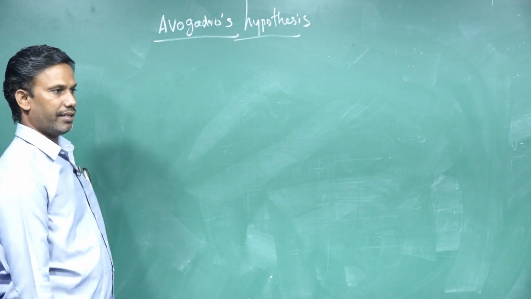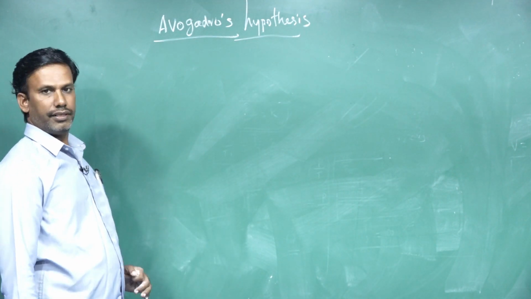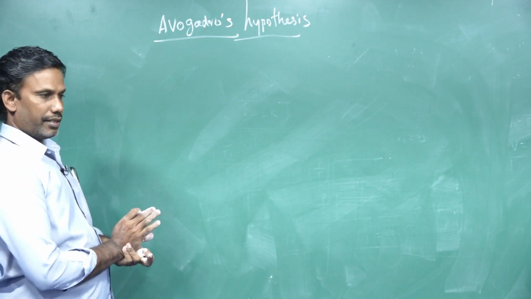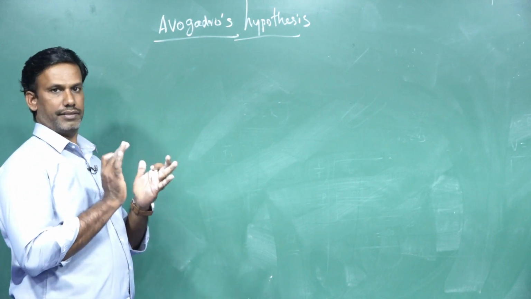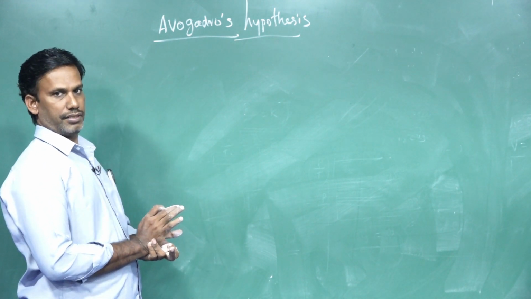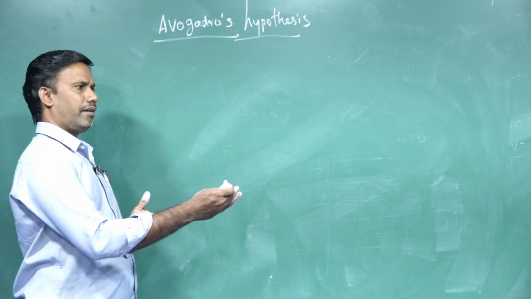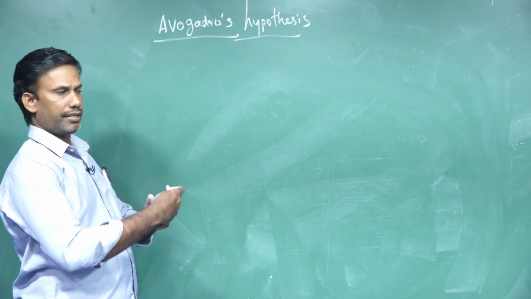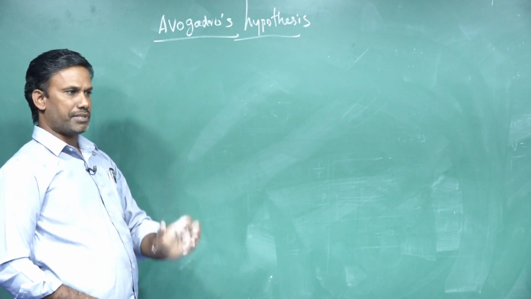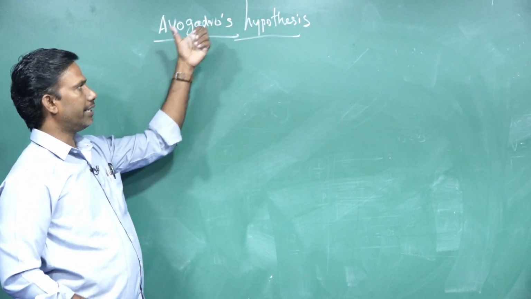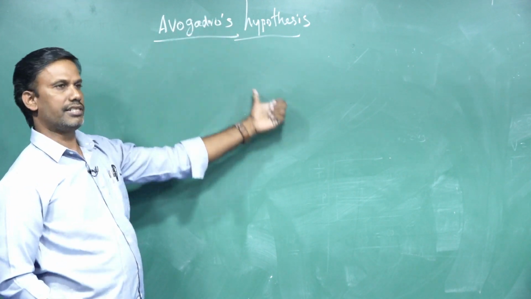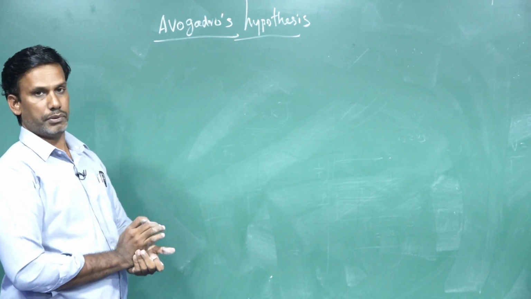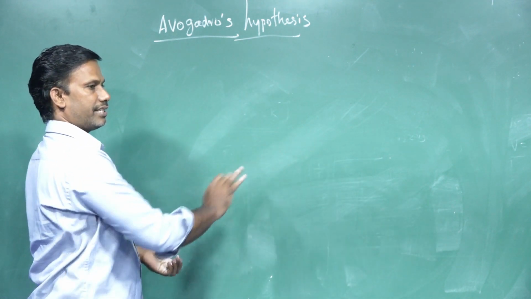What is the difference between a law and a hypothesis? A hypothesis is a statement without experiment. There is no scientific proof for that statement. That is called a hypothesis. It may be right or wrong, it may change or may not change. It is the assumption of the scientist. Avogadro assumes this and so on, that is called a hypothesis. If it is a law, it should be scientifically proved.